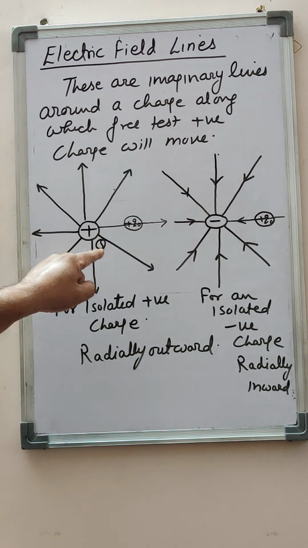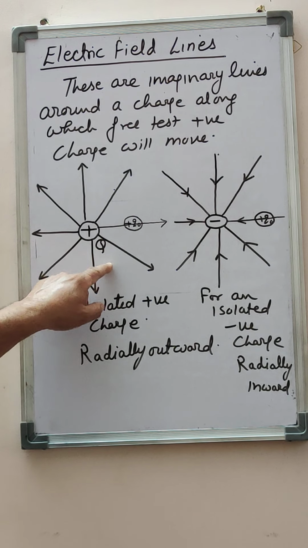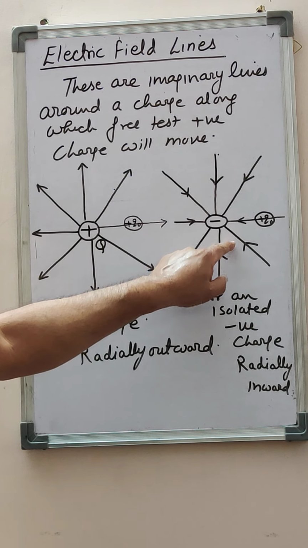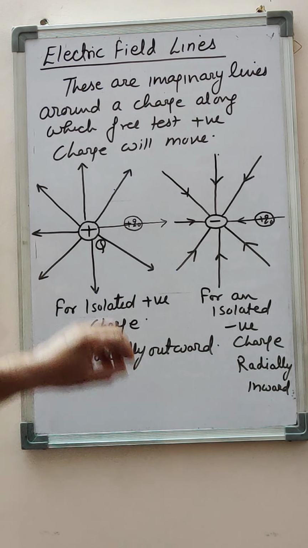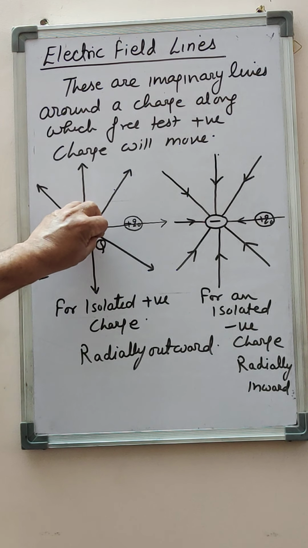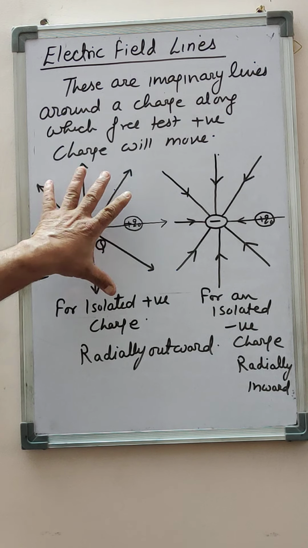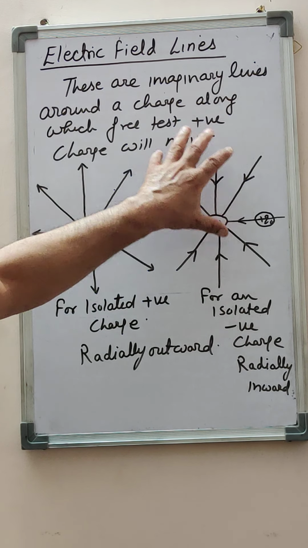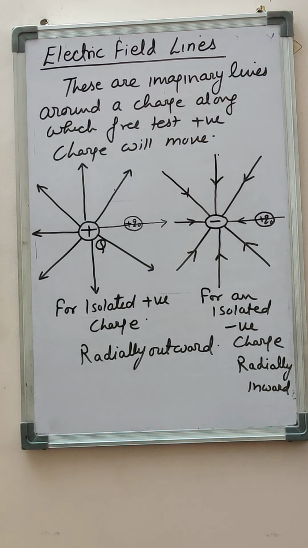So these are lines of force for isolated positive charge, and these are for isolated negative charge. Due to positive charge, lines of force emerge out. Due to negative charge, lines of force go inside the charge.